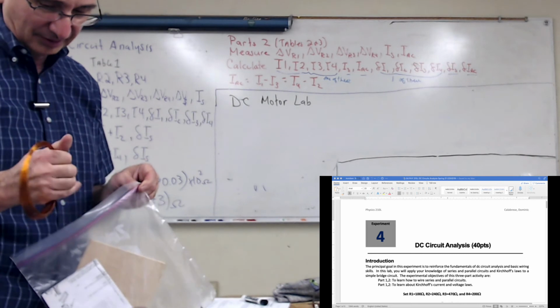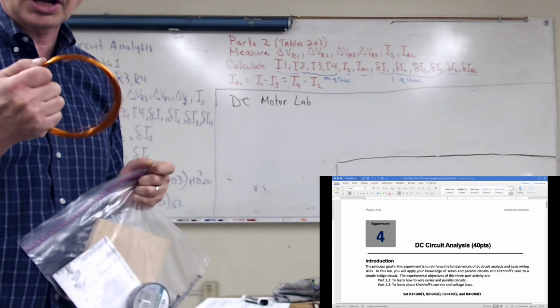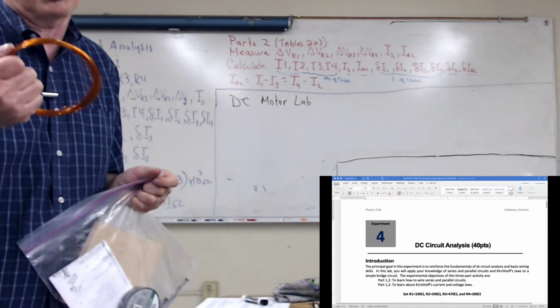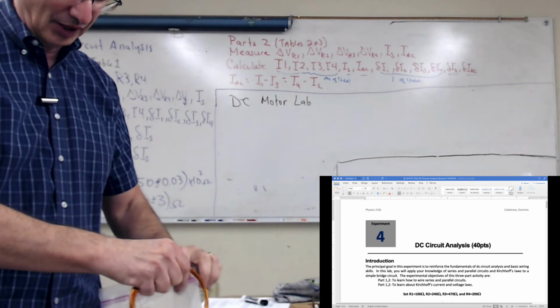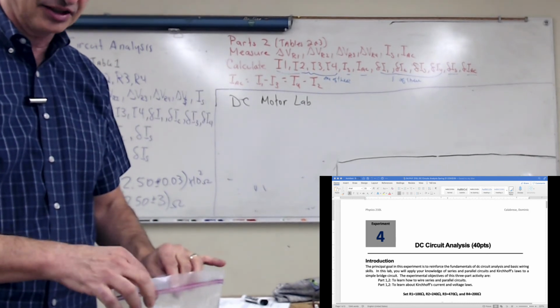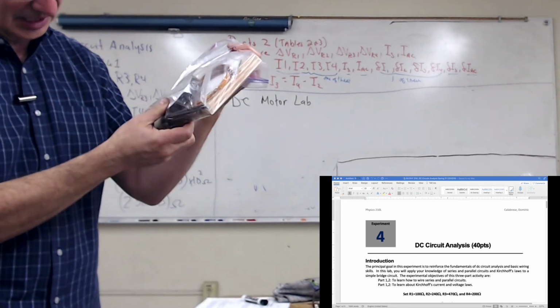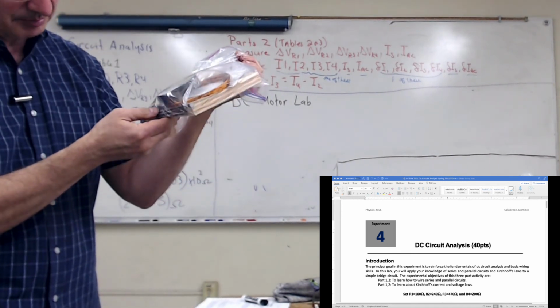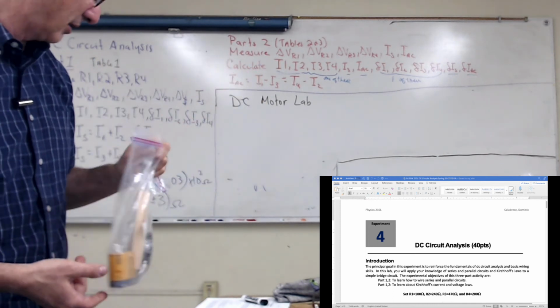It's not magnetic, right? It's copper wire. When you run current through it, then it becomes a magnet. Actually, you have to wrap something magnetic around it, like nails. So this has nails in it, tape, sandpaper, and the batteries, although you probably already have the batteries.